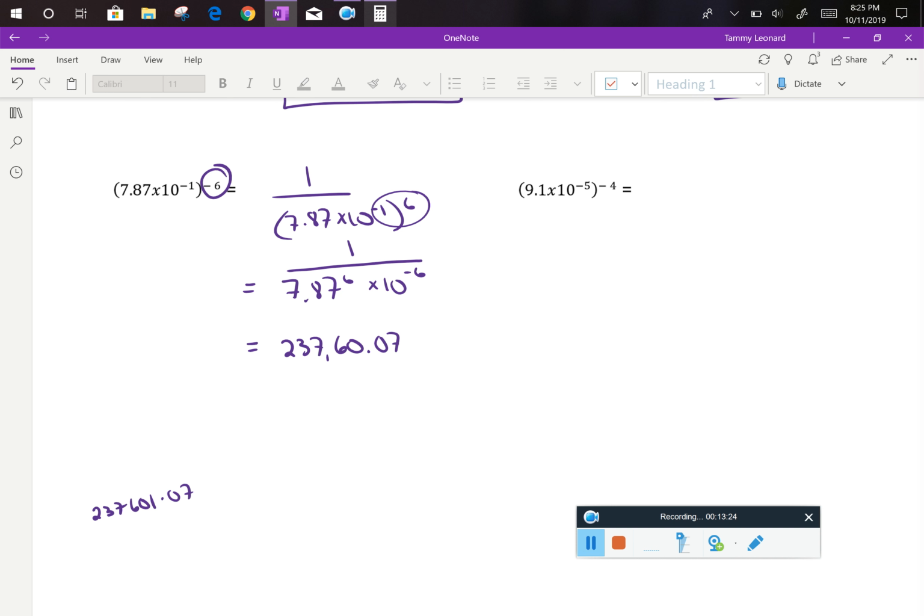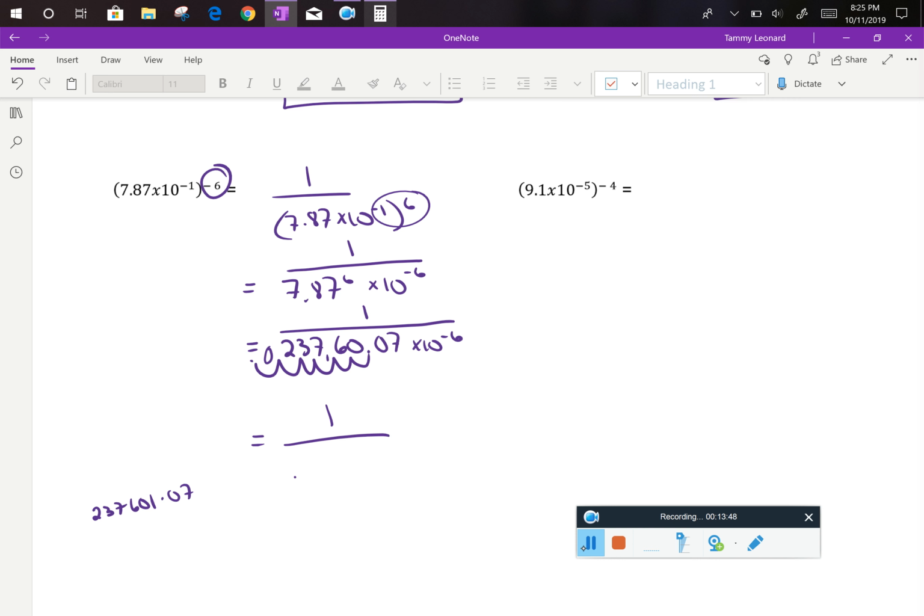But remember, this whole thing was in the denominator. So it's really 1 over this number. Now, the first thing I would do when I have a weird number like this is probably to go ahead and say, wait a minute, a power of negative 6 means this decimal point moves 1, 2, 3, 4, 5, 6 places. Notice we're going to need a 0 out front.